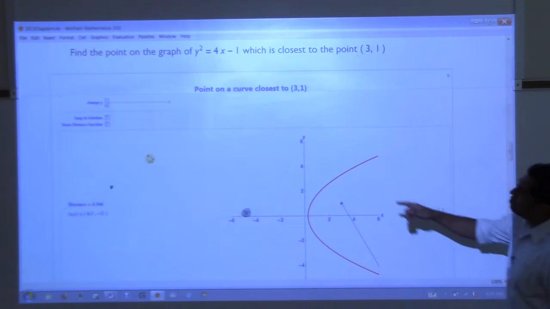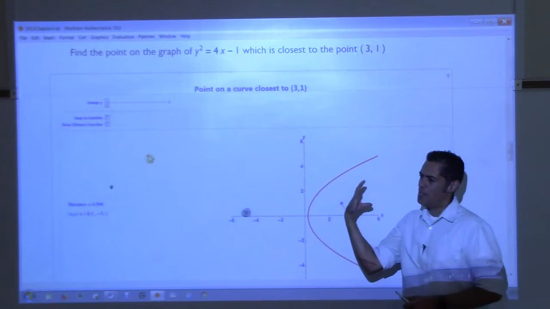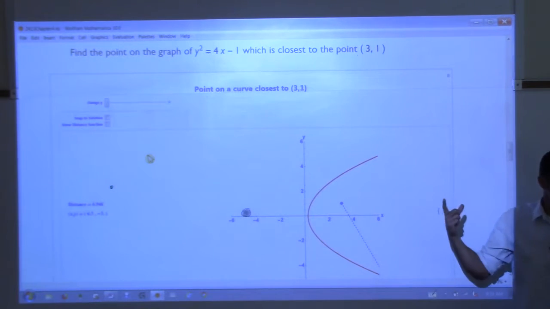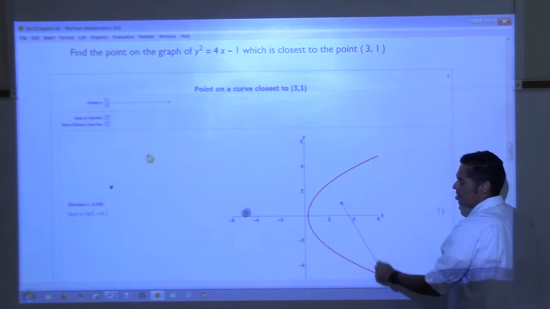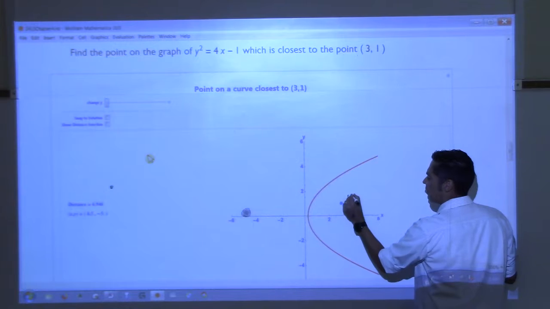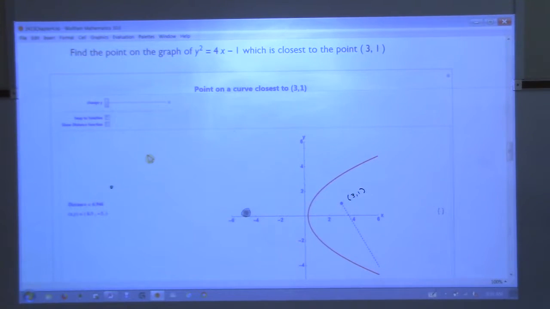So I've got this y squared equals 4x minus 1 as a parabola. It actually opens sideways because it's y squared, not x squared. So we've got this sideways opening parabola. And then we have this fixed point. This is the point 3, 1. And what we're trying to find is which point on this graph is closest to 3, 1.